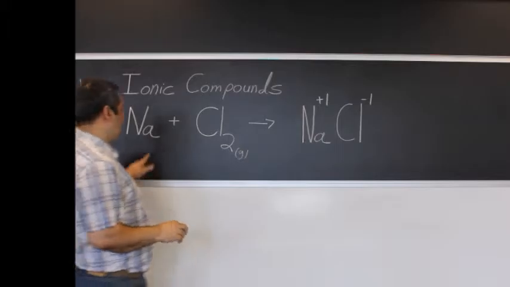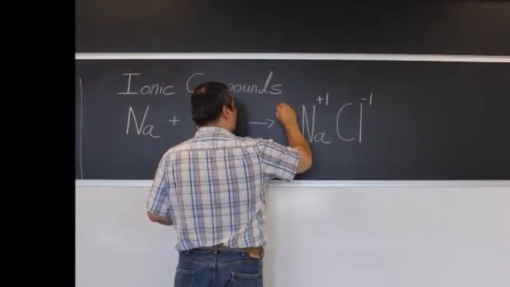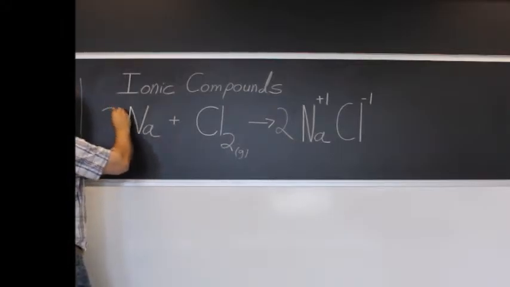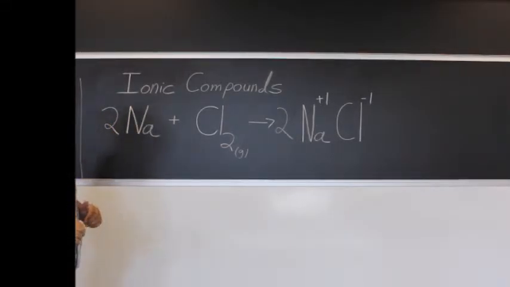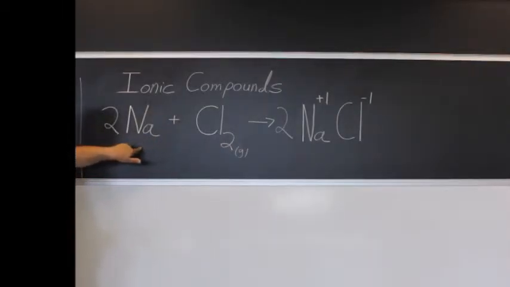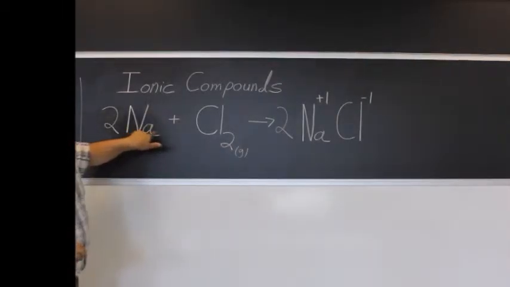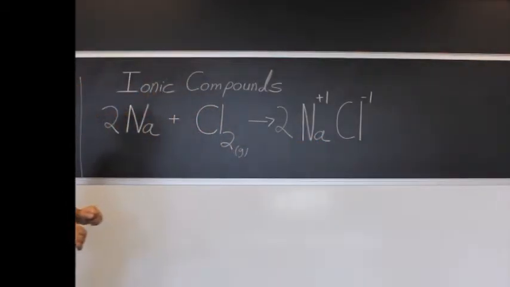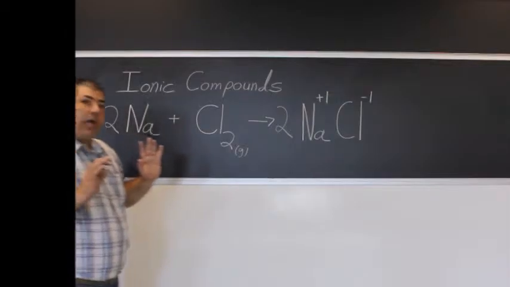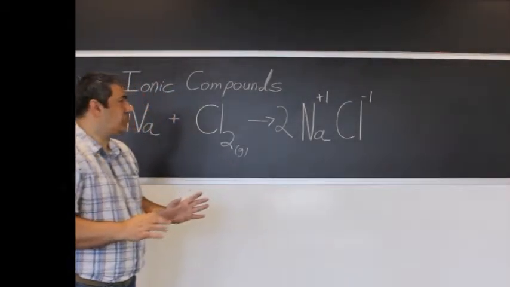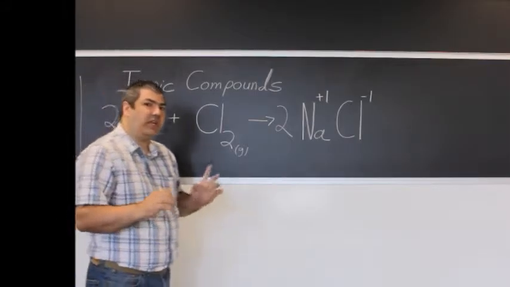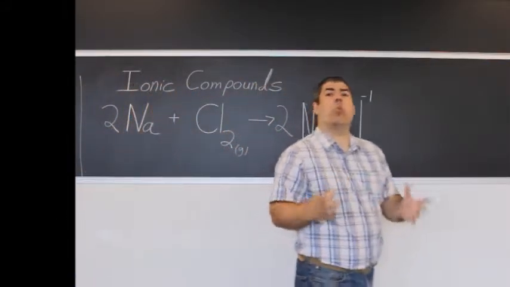And just because I started writing the chemical reaction, to balance this, and don't worry about balancing too much right now because we'll get to that chapter a little bit later, to make sure everybody is happy as far as how many atoms of each type, we'll have 2 sodiums here, 2 chlorines here, 2 sodiums, 2 chlorines. Now, as we start chemistry, looking at the periodic table is going to give us a lot of information, but it doesn't give us the why.